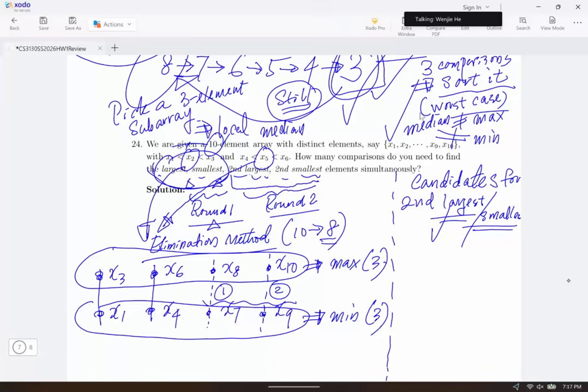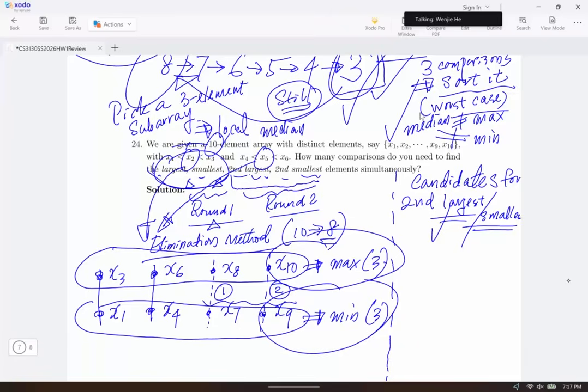We need to examine carefully, because we don't want to miss any possible candidate. So we look at all the elements other than the maximum and minimum. The maximum and minimum, we remove them.